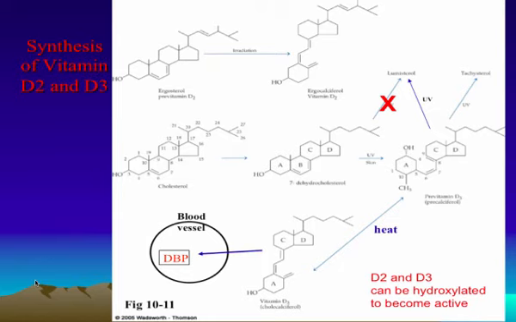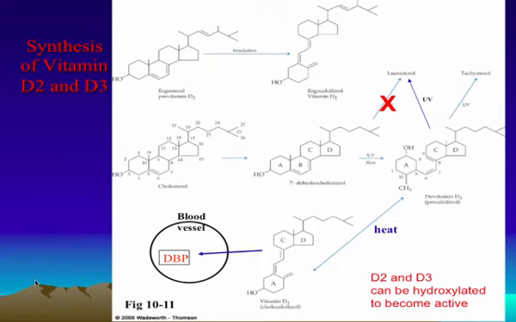In the skin, and this is actually in the sebaceous glands of the skin, basically the glands that make that waxy substance that gives our skin a protective layer of lipids, cholesterol is converted to 7-dehydrocholesterol. So a simple conversion here. You don't have to remember structures, but you have to remember the names of these.